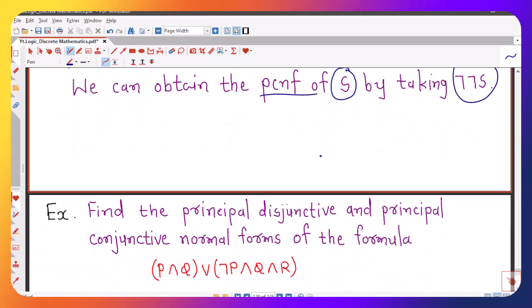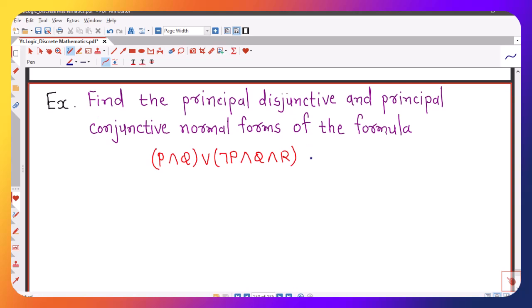So this we understand with the help of this example. Here we are asked to find out the PDNF as well as the PCNF of this formula. So first we can obtain either the PDNF or the PCNF of this formula. You can see here we have a conjunction of these three variables, and here we have two variables.